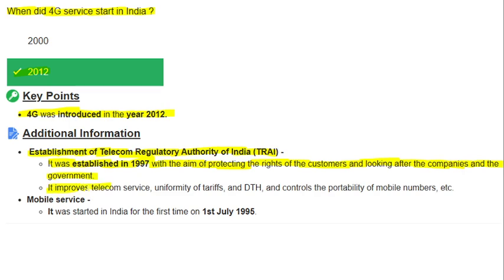TRAI improves telecom service, uniformity of tariffs and DTH, and controls the portability of mobile numbers, etc. Mobile service was started in India for the first time on 1st July 1995.